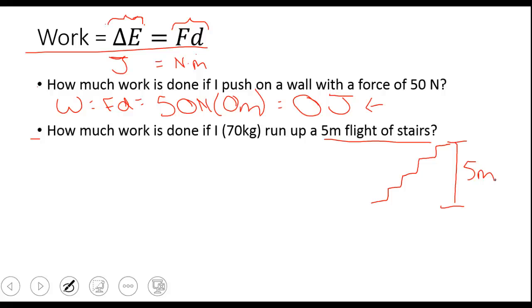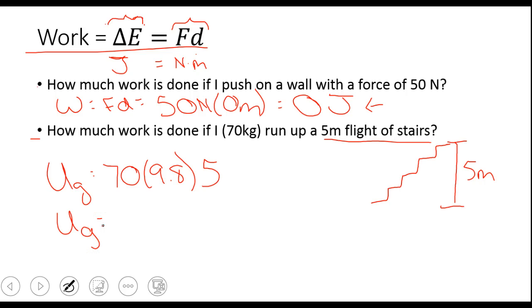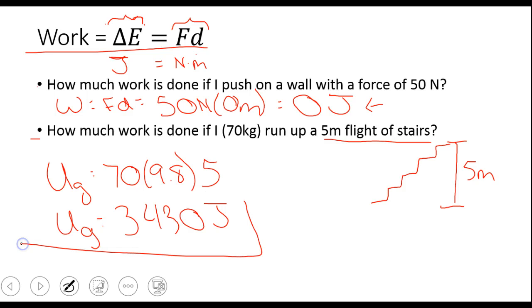So I'm going to do 70 times 9.8, times the 5 meters. And this is my change in gravitational potential energy, U sub G. When I multiply that out, 70 times 9.8 times 5, I get 3,430 joules of work for me to go up basically a flight of stairs. And is that a reasonable number? Yeah, it is. All right.